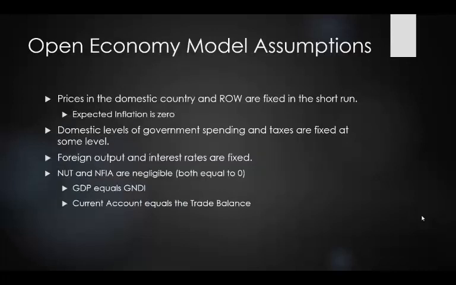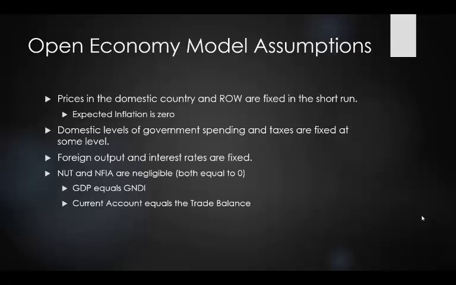To keep the model tractable, we assume the following holds true for countries that are open. Prices are fixed. This pins down expected inflation to zero. Domestic levels of government spending and taxes are also assumed fixed at some level. Foreign output and interest rates are fixed.